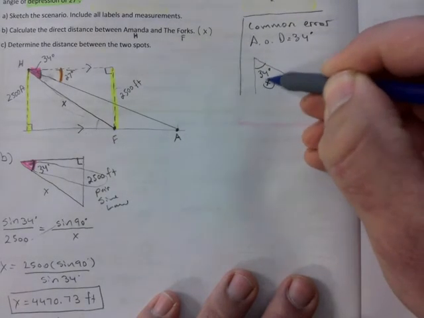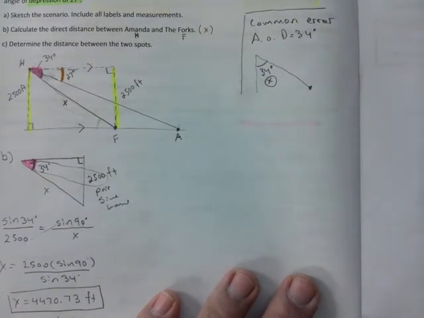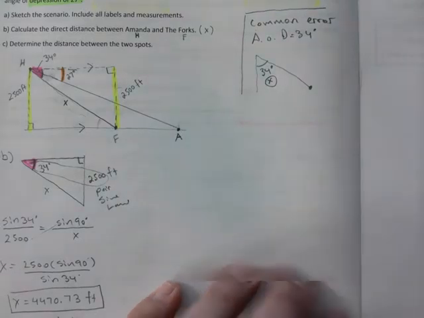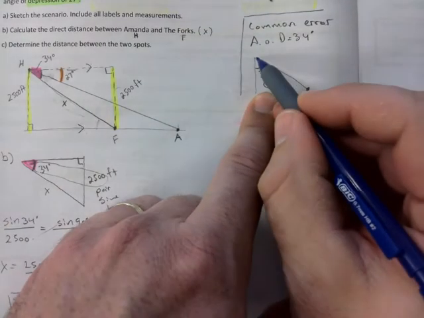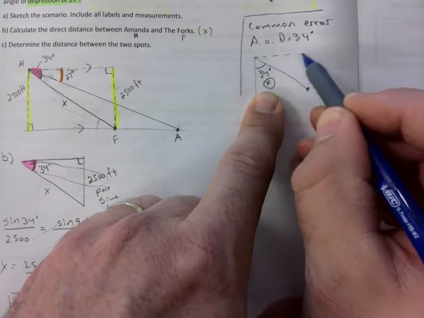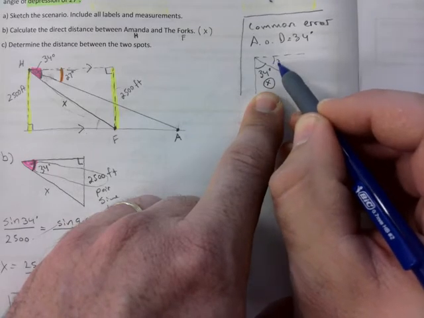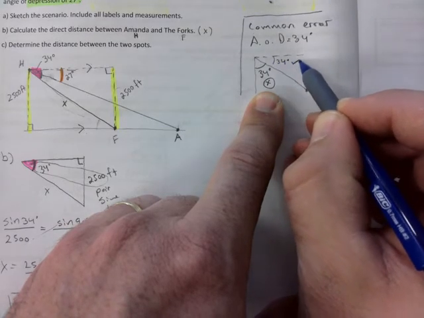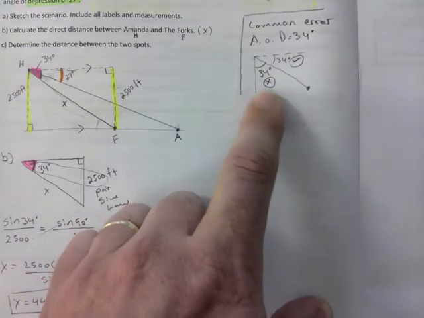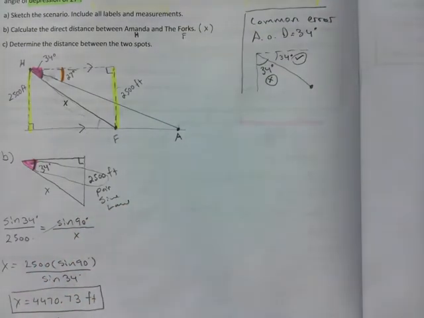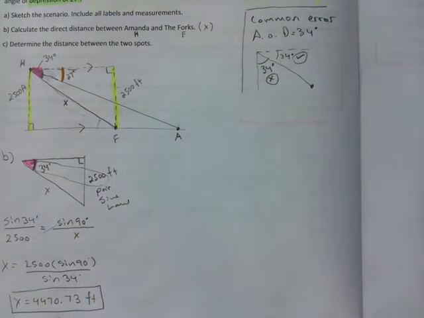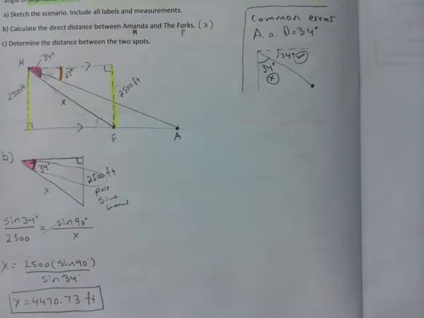And that's not going to be you. It's not there. It always goes between the horizontal and the line of sight. This is 34 right here. Your diagram will be off if you don't, so this is a very common error. You're going to insert a horizontal line and then measure from that horizontal line going down.